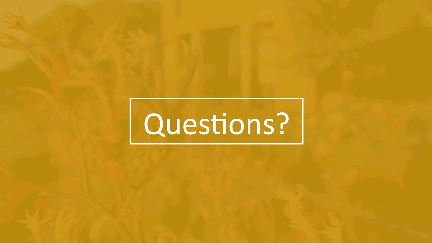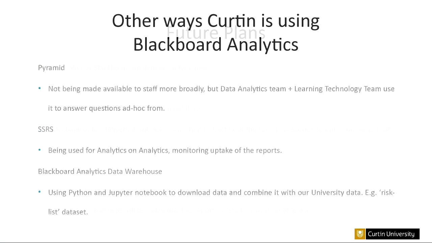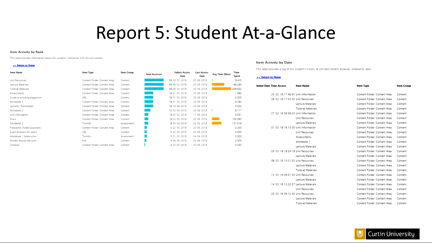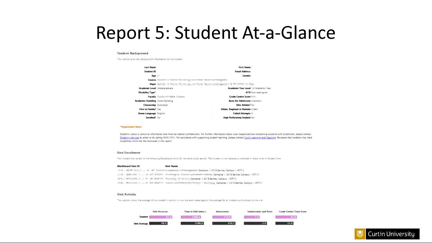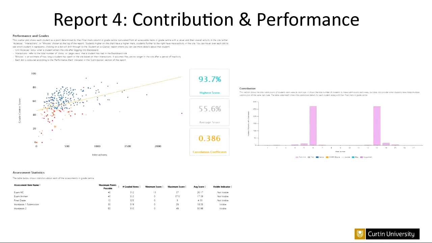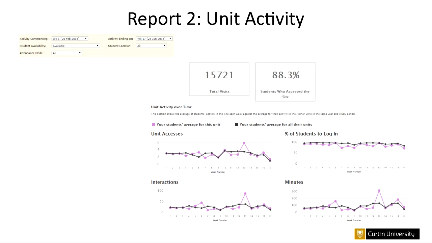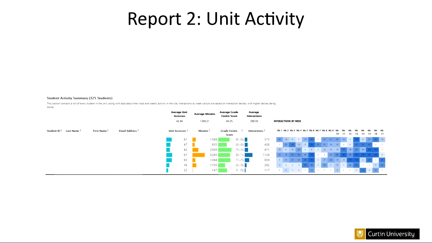Find those disengaged students. So I'll go back to that screenshot actually, the unit activity report. Here, just sort on the number of interactions, and then look for anyone who's got a 0 or almost nothing.